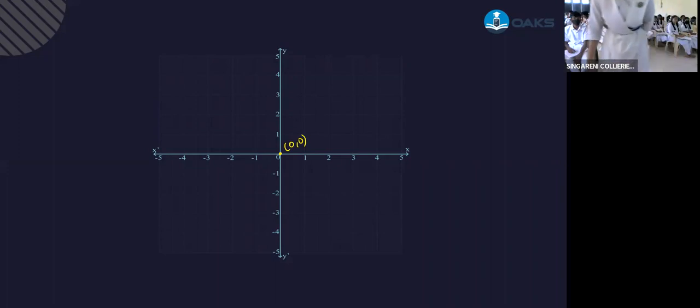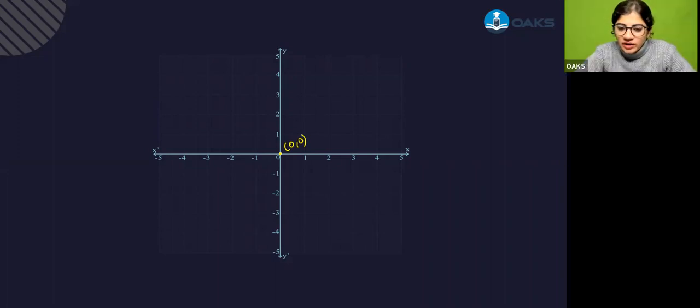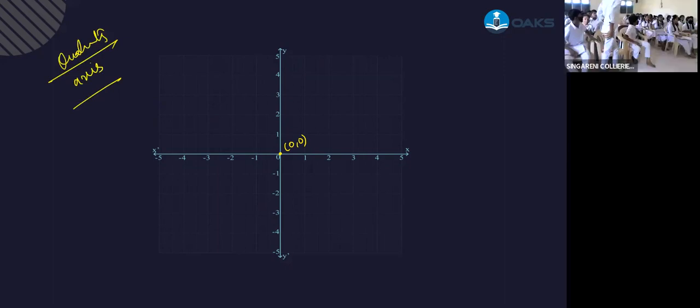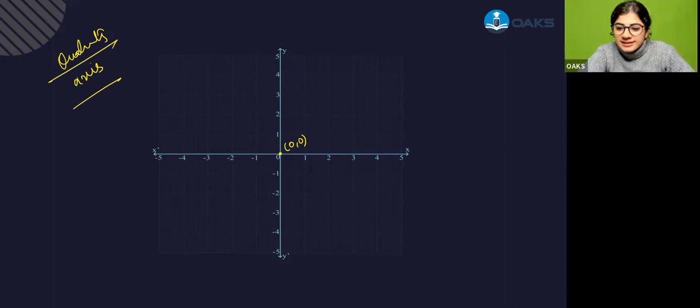Point of intersection, madam. Okay, got it. But before knowing the point of intersection, we only know quadrants and axis, right? So can you tell me in which quadrant or axis it is lying? Yes.